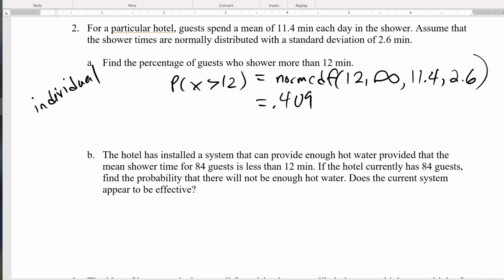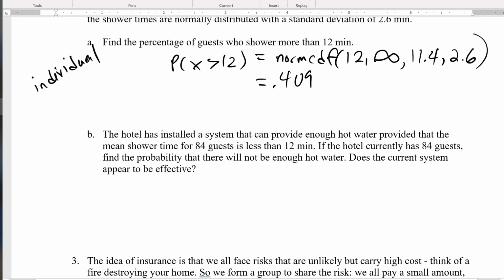Okay? The hotel has a system that provides enough water so that if the average is less than 12 minutes, then we are going to have enough water. So if the average is more than 12 minutes, we don't have enough hot water. We have angry people, right? So if the hotel currently has 84 guests, should we worry that we're not going to have enough water?